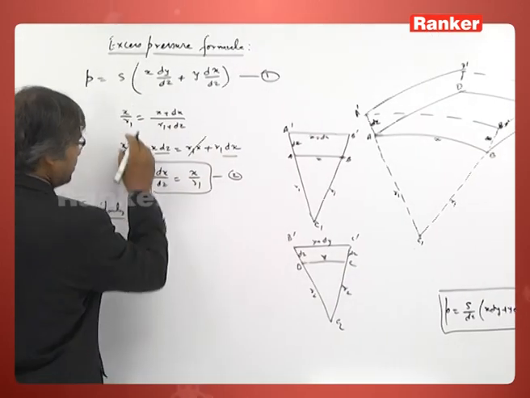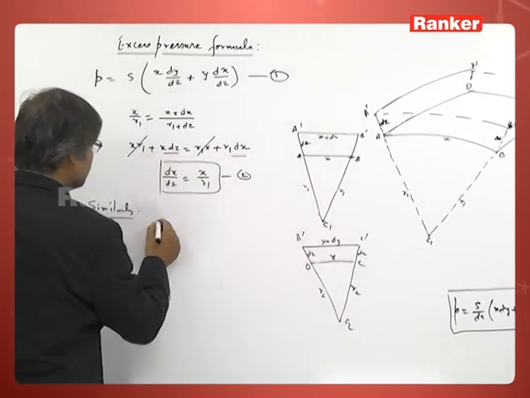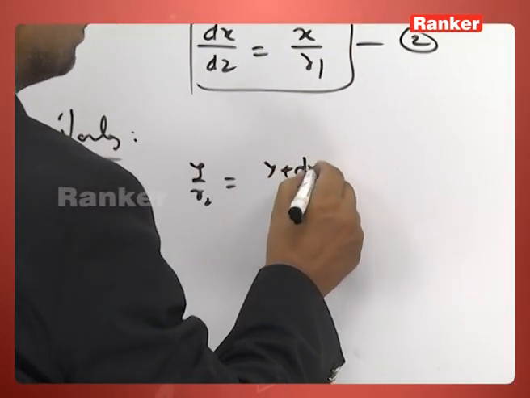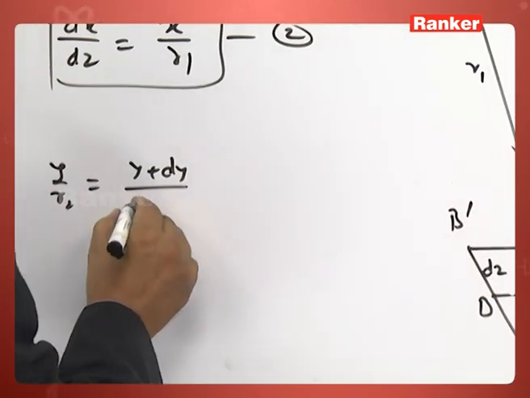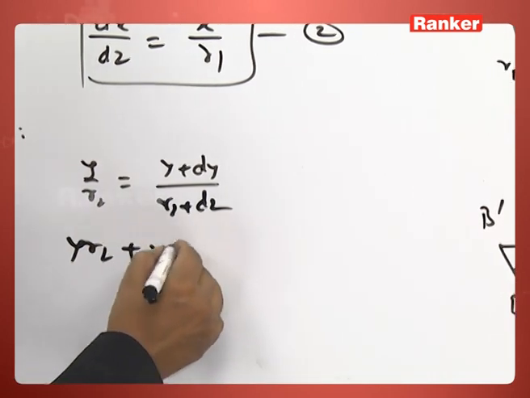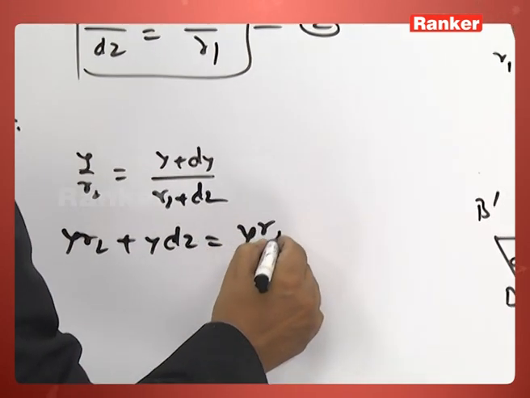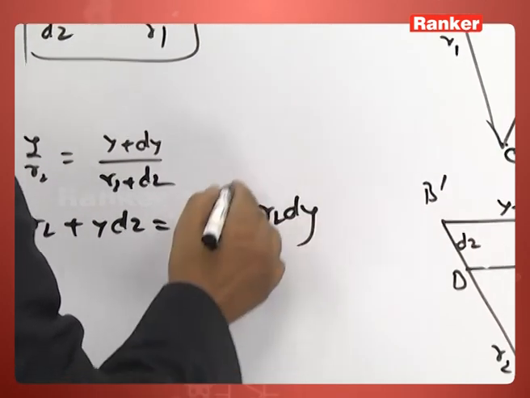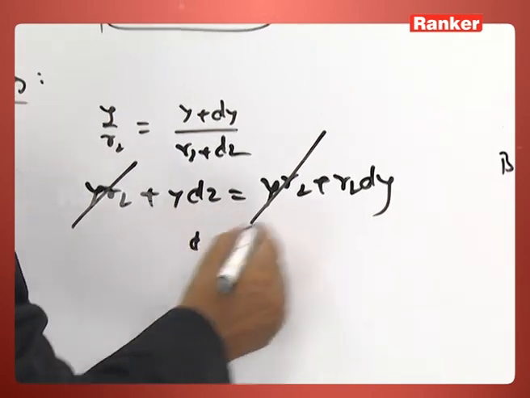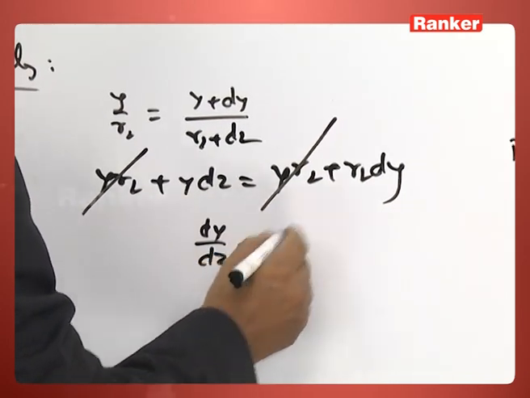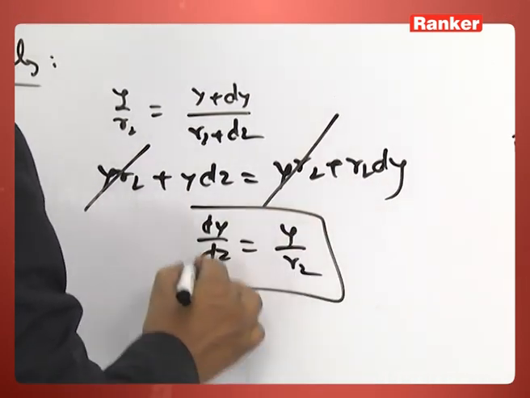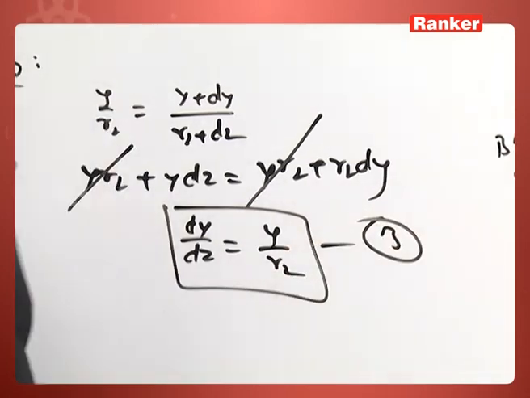So y by R2 is equal to y plus dy by R2 plus dz. Now cross multiply: y R2 plus y dz is equal to y R2 plus R2 dy. The y R2 cancels, so we have dy by dz is y by R2. So this is equation 3.